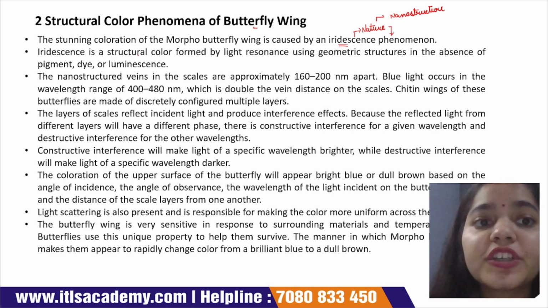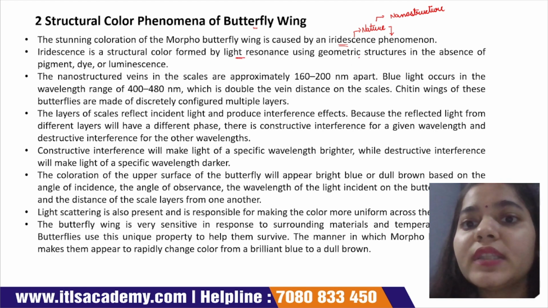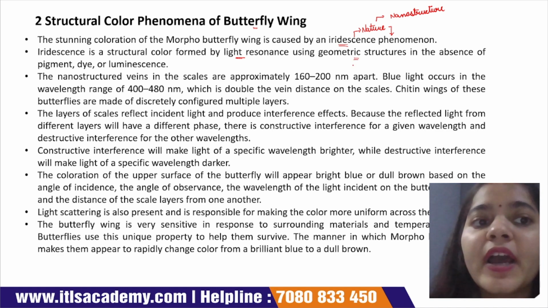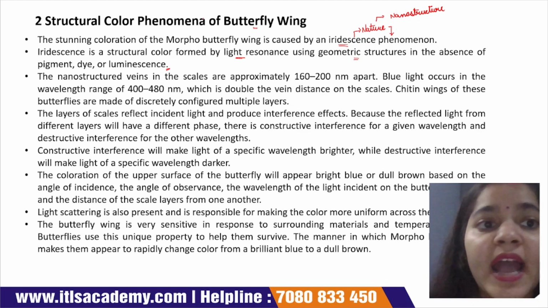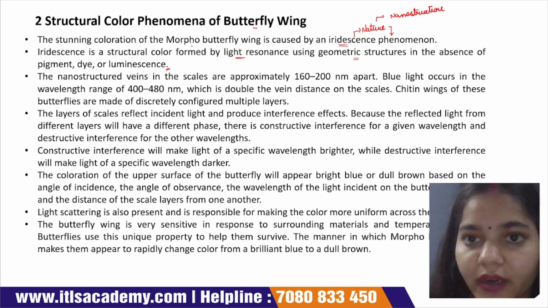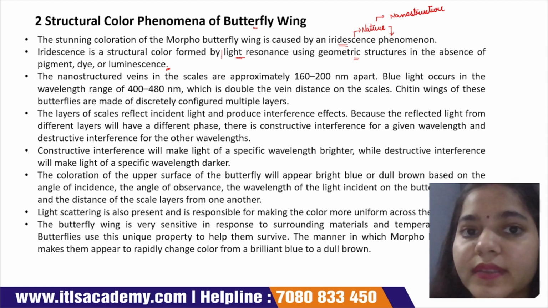Iridescence is a structural color formed by light resonance using the geometrical structure, in the absence of pigment, dye, and luminescent compounds. This iridescence is a type of structural color formed by light resonance.